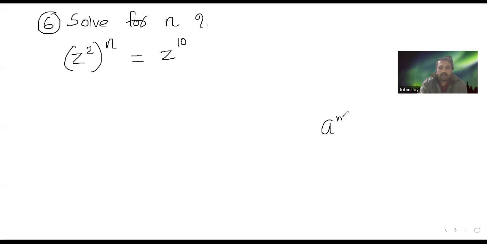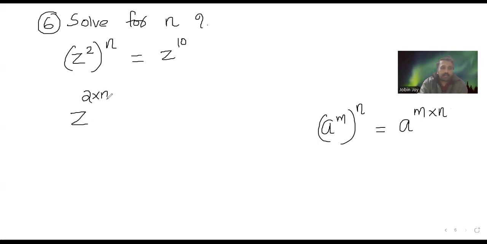Again, we will apply this law. A raised to m the whole raised to n equals a raised to m into n. So this will be z raised to 2 into n equals z raised to 10. So z raised to 2 into n means 2n, equals z raised to 10.